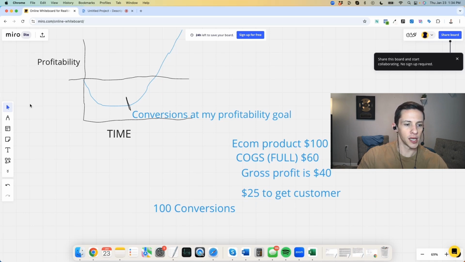Well, the first thing that I'm going to do here is I'm going to put what is fundamentally a testing stop loss. And that might be that I'm going to say we need to get one conversion, the first conversion, within 5 to 10 times the amount of this target that we need to reach.